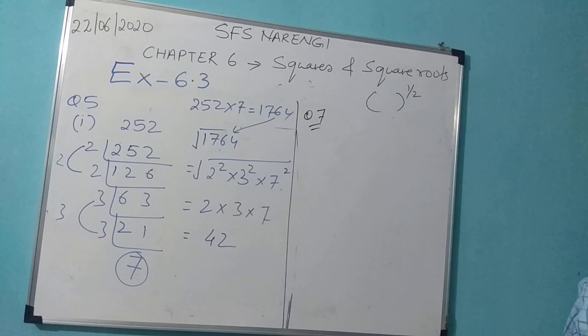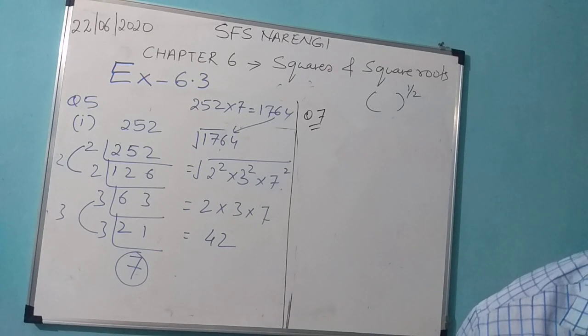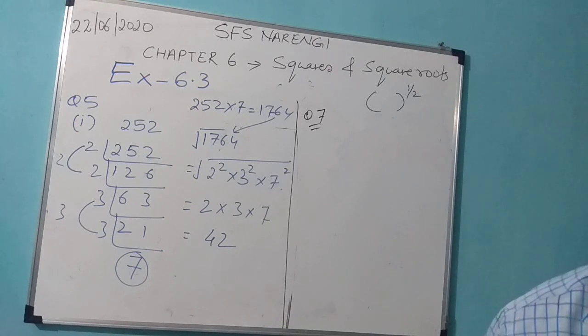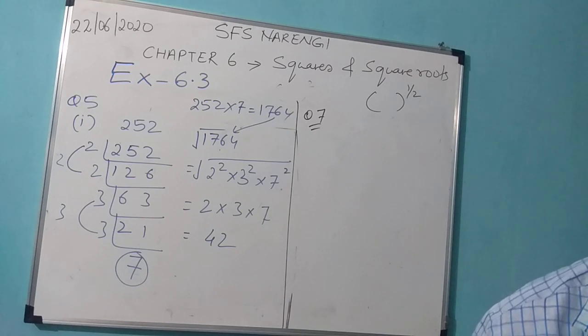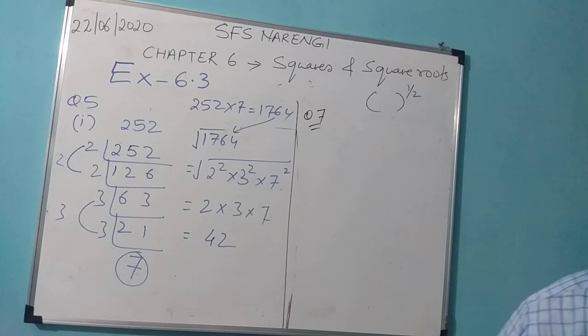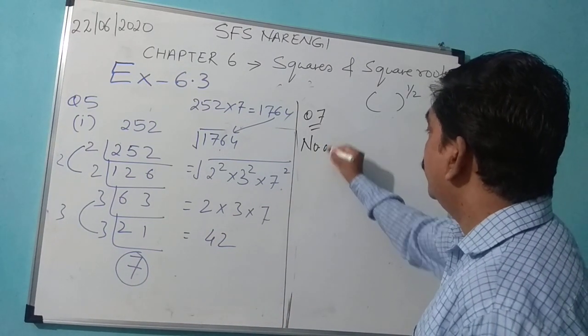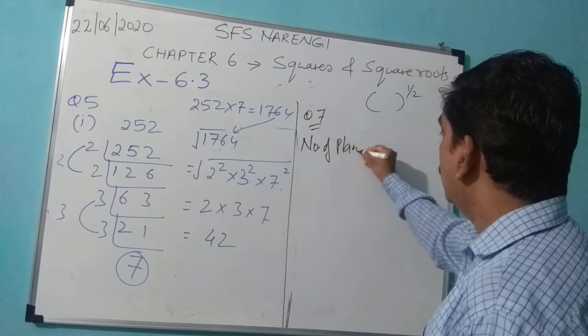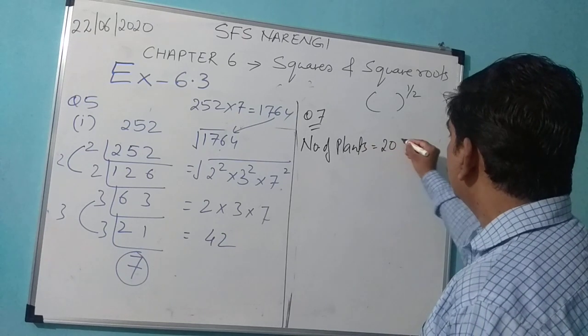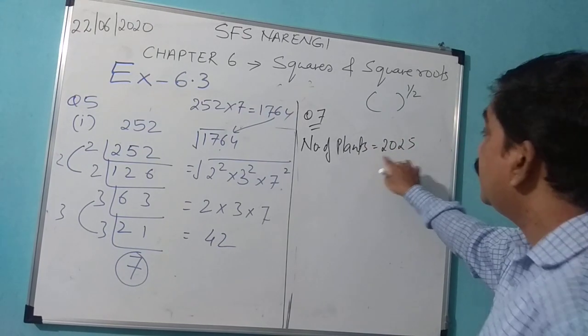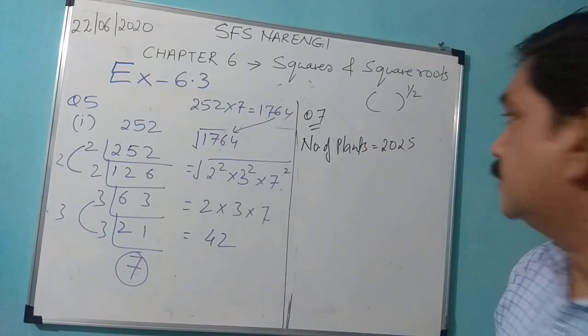There are 2025 plants. So the question is, in what way or in how many rows or columns the number of plants can be planted, so that there are equal number of rows and equal number of columns. So number of plants is equal to 2025. What we will do, we will find out the square root.